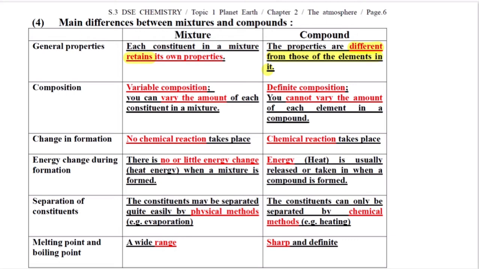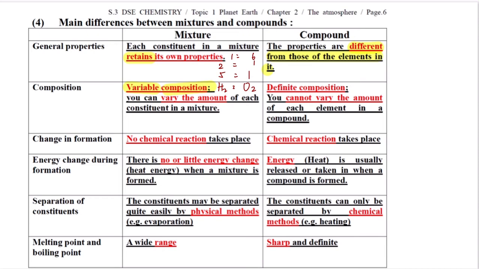And then for composition, for a mixture, for example, if I have a hydrogen oxygen mixture, I can take maybe a 5:1 mixture, or I can take a 2:1 mixture. It's okay. And maybe I can take a 1:6 mixture. So it is variable for a mixture. So variable composition, we can vary this.